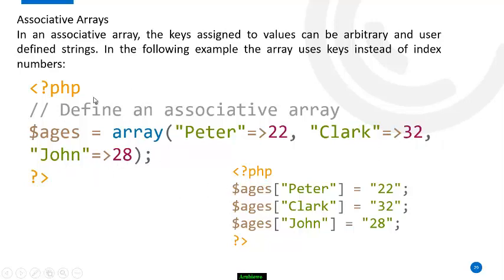This associative array is the same thing as what we have at this bottom line here. You can define it this way as well: ages['Peter'] is equal to 22. So this is an array. So this is an associative array. Arrays are used to store multiple values in a single variable.